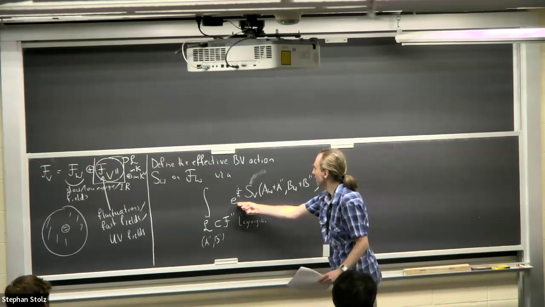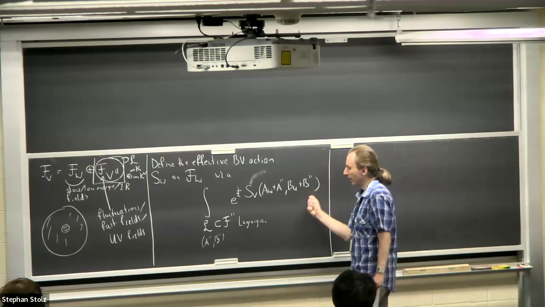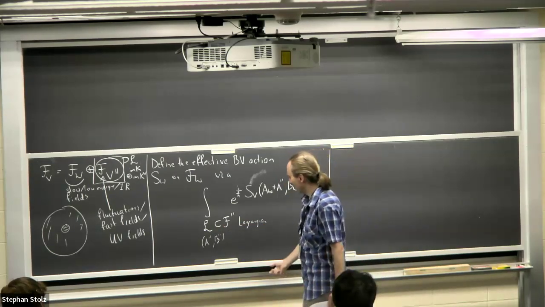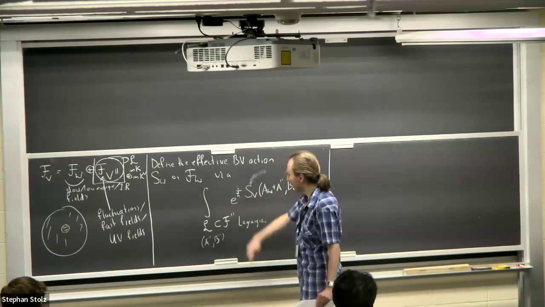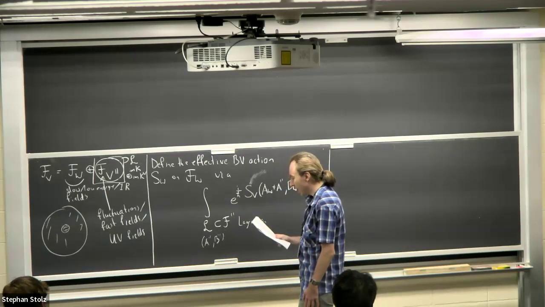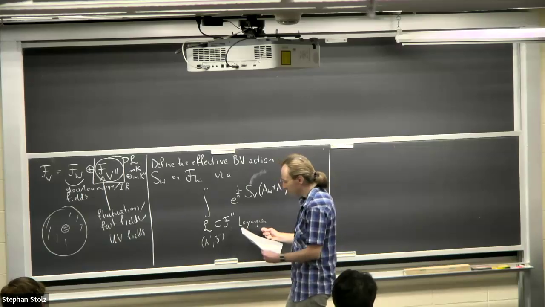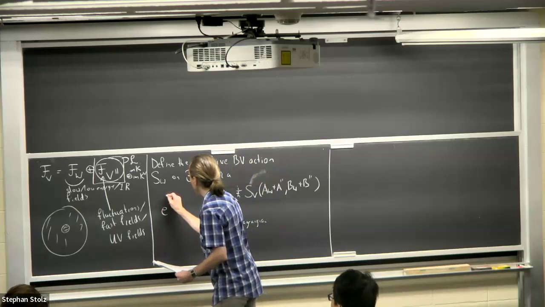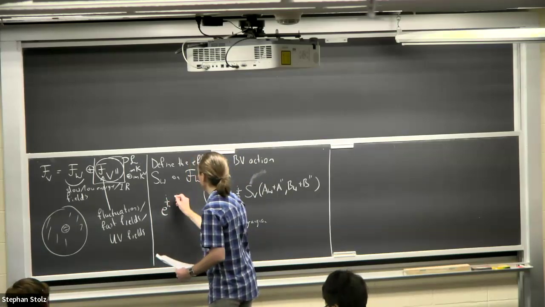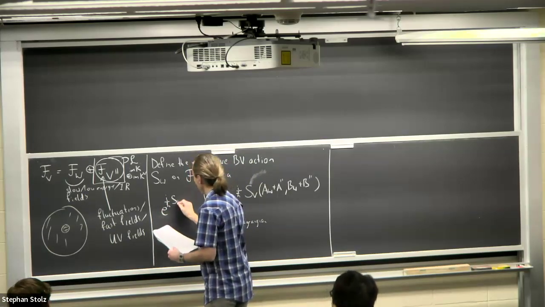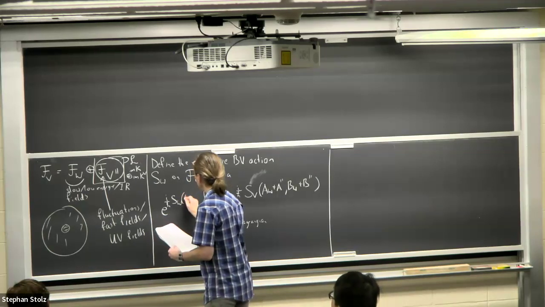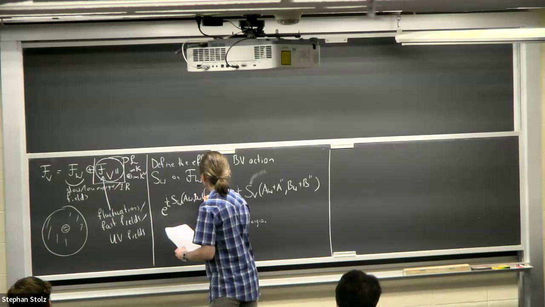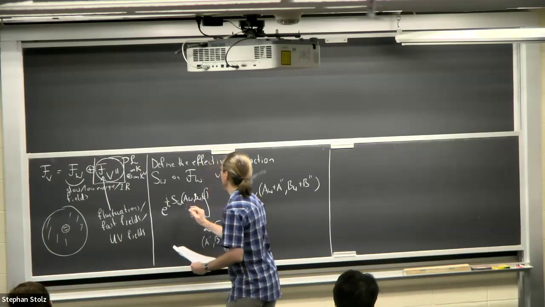The integral would be way too degenerate if I integrated over all fields. To make it perturbatively well defined, I need to cut the space of fields in half, which is achieved by choosing this Lagrangian. The logarithm of that will be called the effective action. It's the action of W, a function of the slow fields and also a function of h bar.